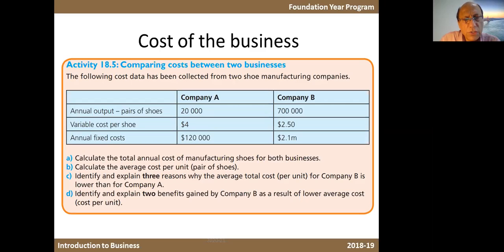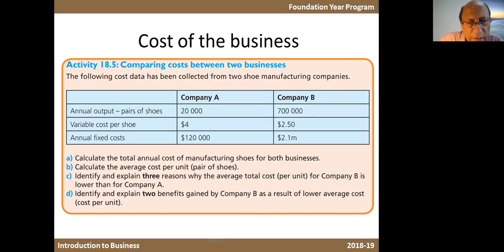The question says that the following cost data has been collected from 2 shoe manufacturing companies, company A and company B. Annual output of pairs of shoes is 20,000 for A and 700,000 for B. Variable cost per shoe is $4 for A and $2.5 for B. Annual fixed cost for company A is $120,000 and for B is $2.1 million.